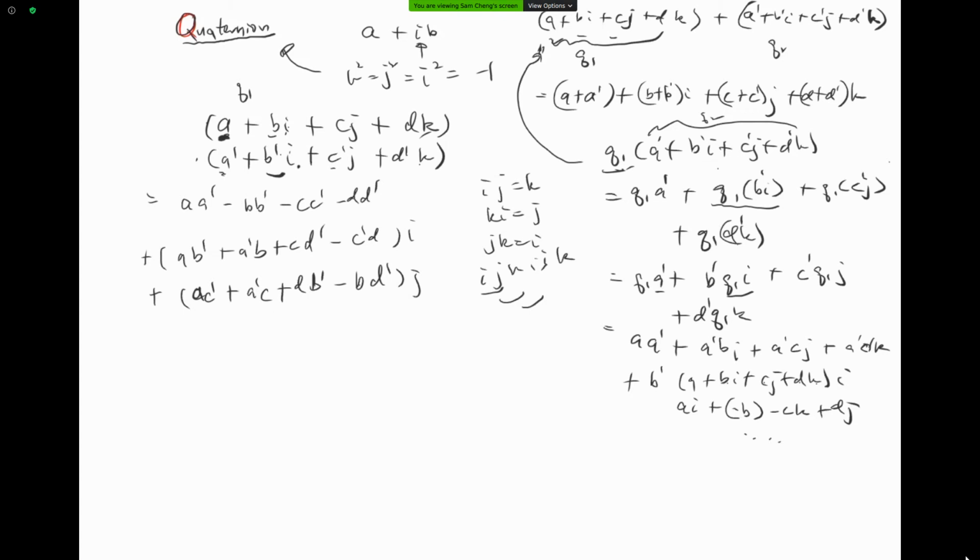If you swap the order, like j times i, k times j, i times k, then I will have negative instead. So if I have j times i in this order, then I will have minus k, k times j in this order gives minus i, and i times k in this order gives minus j. So okay, let's get back to this example here.